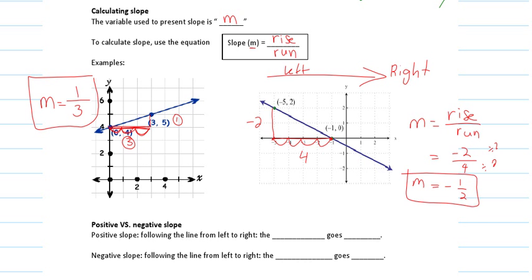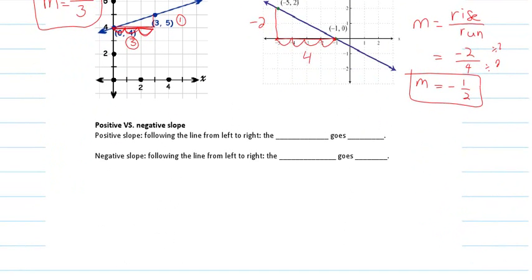So this is very important. This is how I know if my line is increasing or my line is decreasing depending on the slope. Okay? So a positive slope, if you follow the line from left to right, the line goes up.